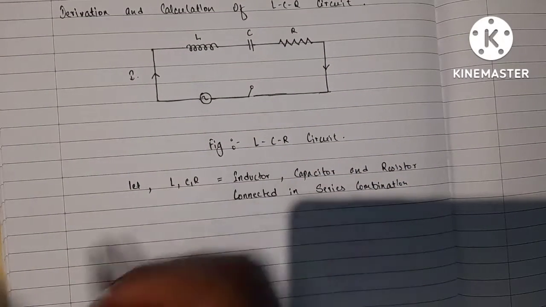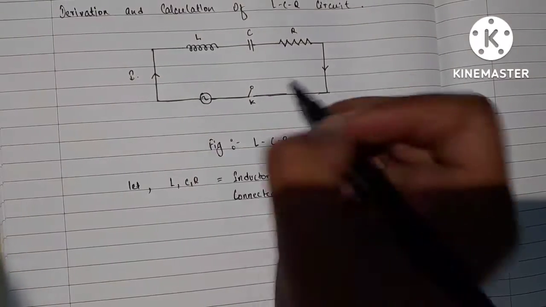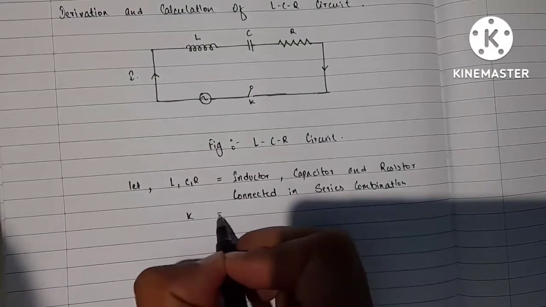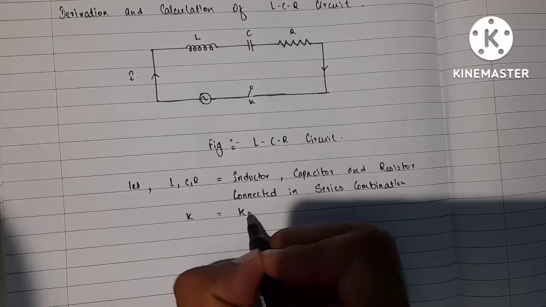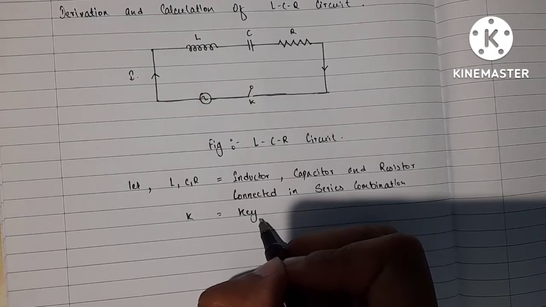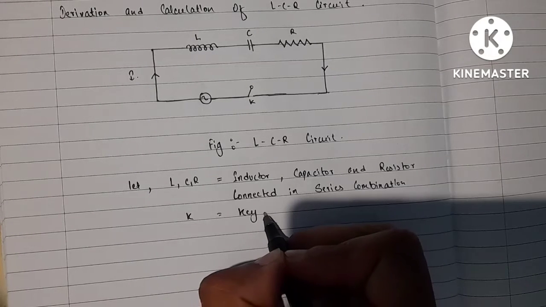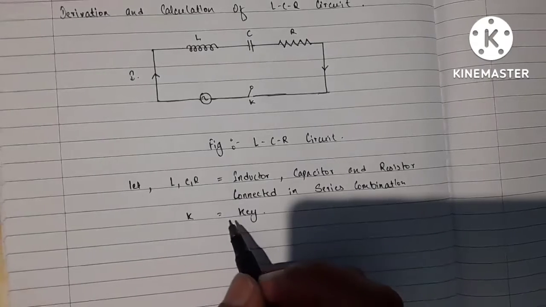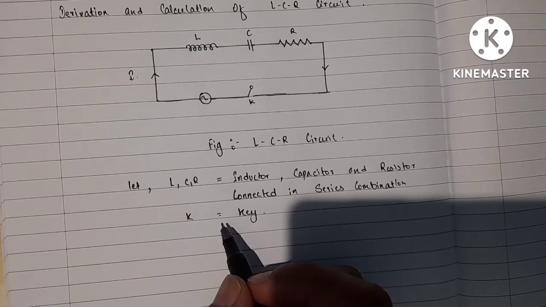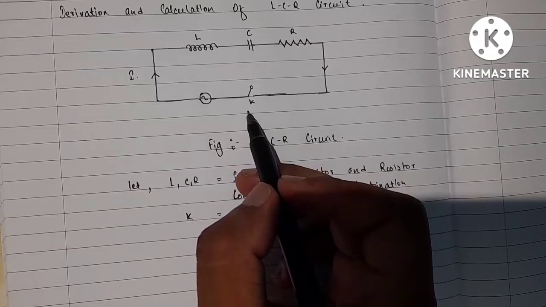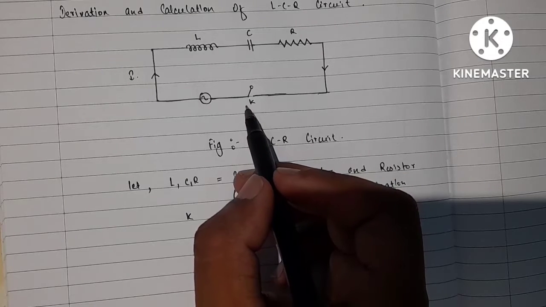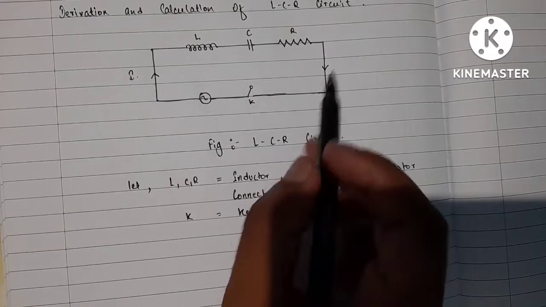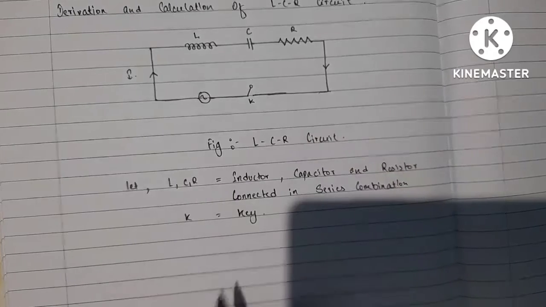And this is the key. When the key is closed, the current I flows through the L-C-R circuit.